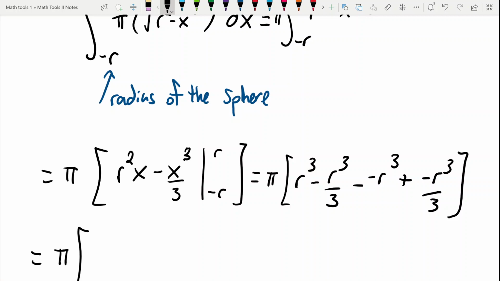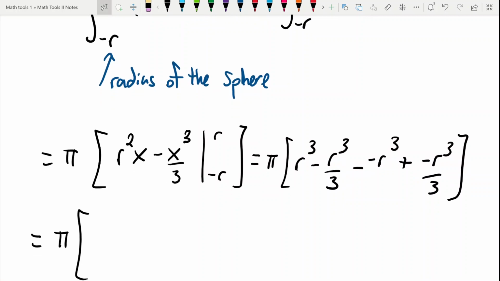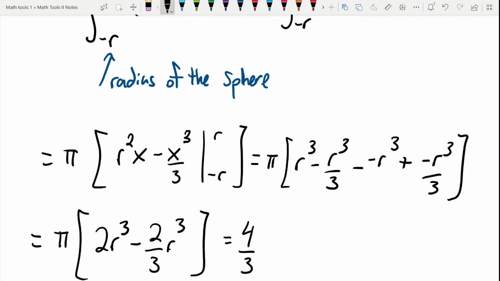So we'll get pi times 2r cubed minus 2/3 r cubed. And 2 minus 2/3 is indeed 4/3. So this is going to be 4/3 pi r cubed. So we end up with the formula for the volume of the sphere.